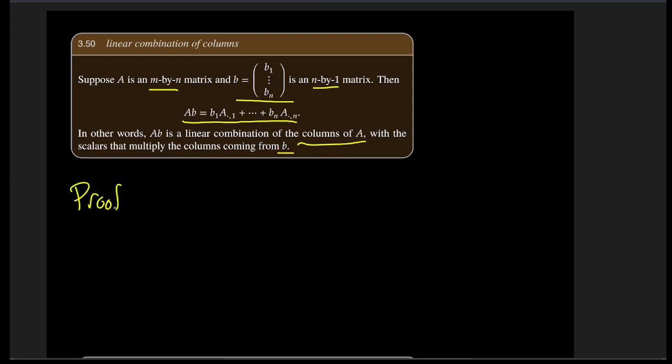This is kind of neat because it helps make clear what matrix multiplication is doing. If you take a matrix and multiply it by a vector, what you're doing is making a linear combination of the columns of A. This ties in to what we've been doing so far and maybe makes clear why we would care about this.